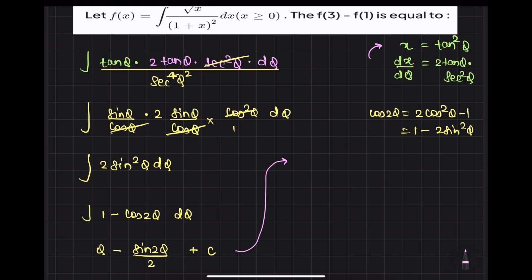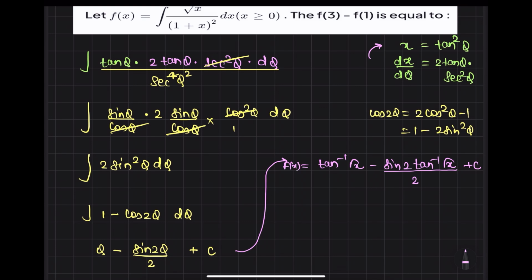So theta is tan inverse root x minus sine 2 times tan inverse root x, whole thing upon 2, plus c.